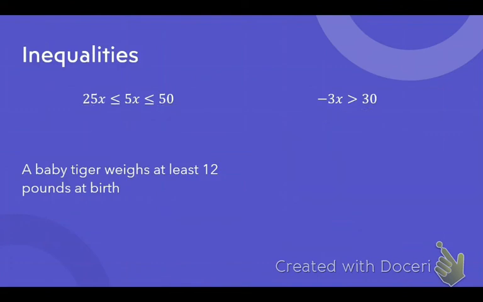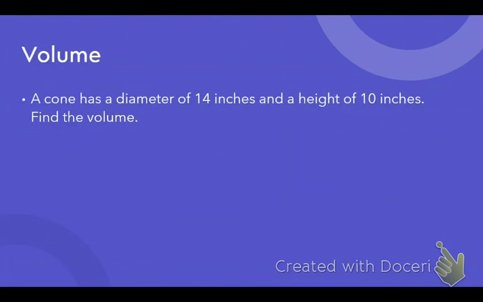Okay, volume. Find the volume. We just went over our 3 volume formulas. I just need you to calculate it. All right, work together. The cone has a diameter of 14 inches. What's the volume of a cone? V equals 1/3 pi r squared h. So V equals 1/3 times pi.